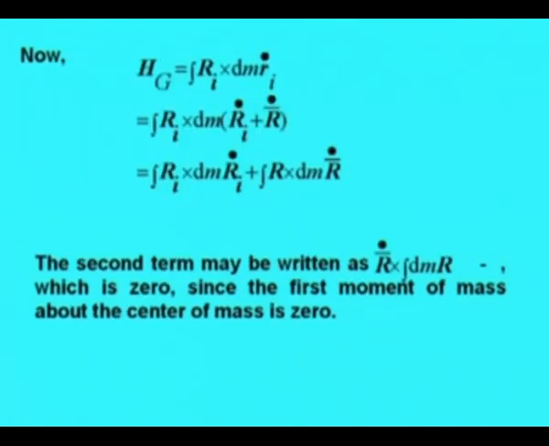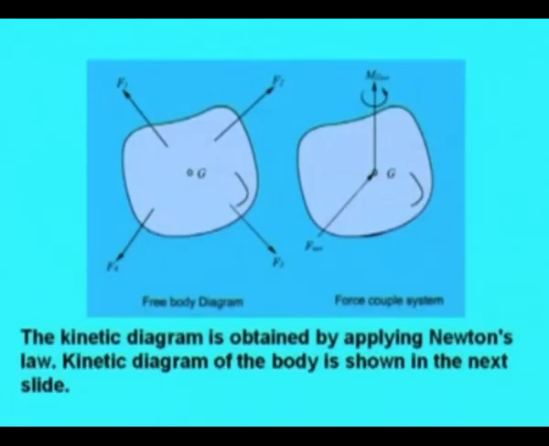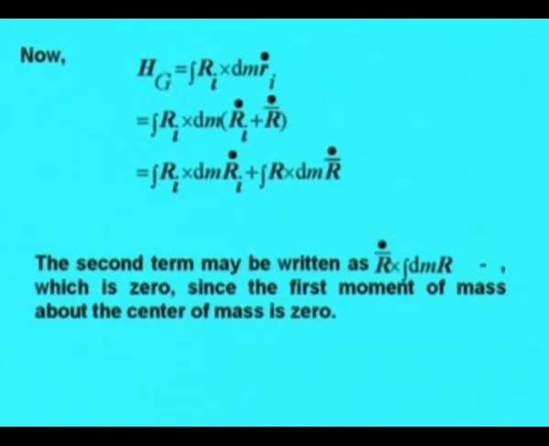Now in this case, H G is equal to the integral of r i cross dm r dot i plus r cross dm r dot.